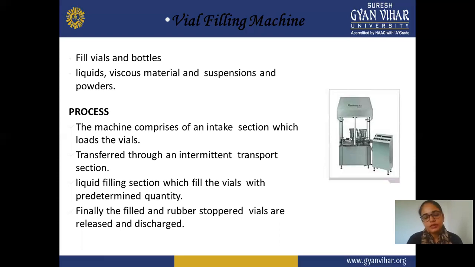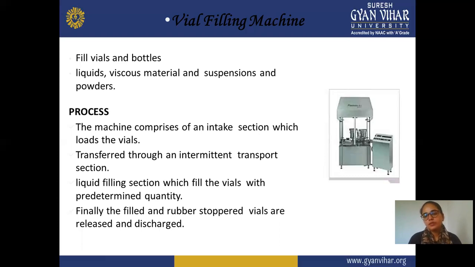At the end, after filling and intermediate transmission, one stopper is applied to the container, and this stopper is mainly made of rubber. This machine is used for filling vials and bottles with different types of formulation, maybe suspension, viscous material, liquid, and powder.